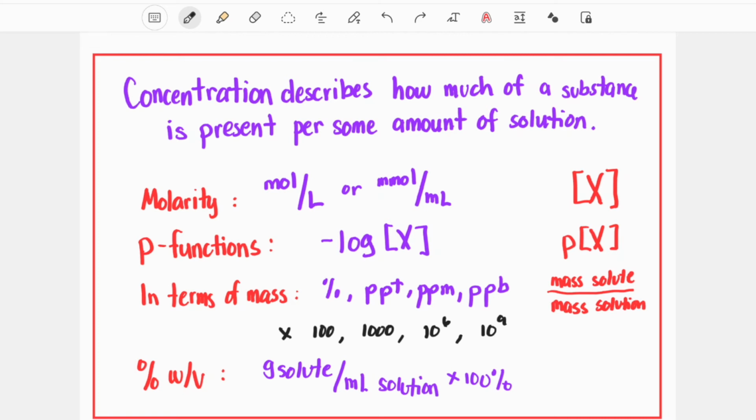If you want it to be expressed in parts per thousand, it's 1,000, parts per million, 1 million or 10 to the 6, and parts per billion, you multiply it by 1 billion or 10 to the 9. There's also a unit of concentration in terms of weight per volume. So that's grams of solute per milliliters of solution. And this is in percent, so we multiply it by 100%.